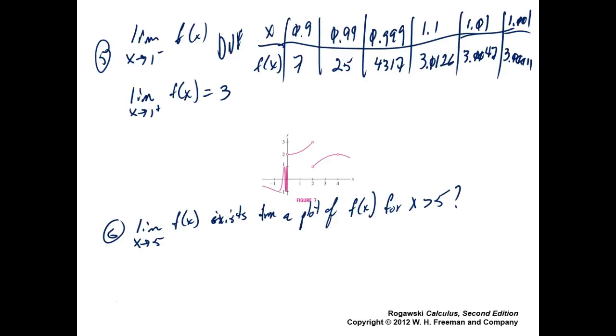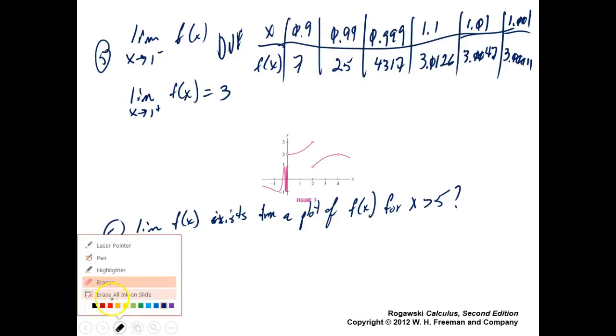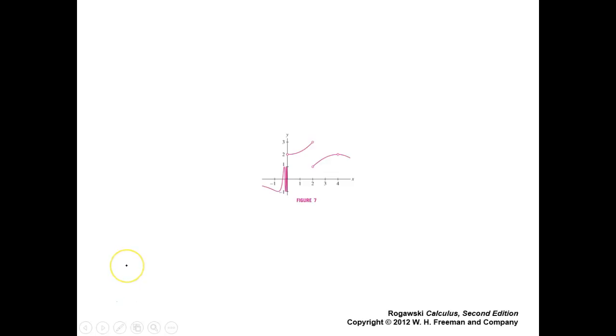Now, can I get 7 on here? No, I can't even write 7. Well, I probably could, but it would be too crowded. So what I'll do is erase all the ink, and let's do number 7.